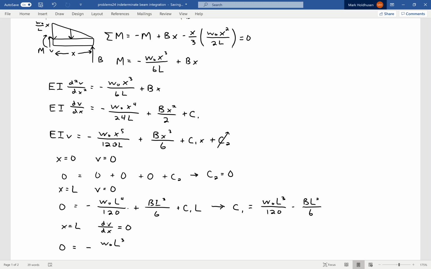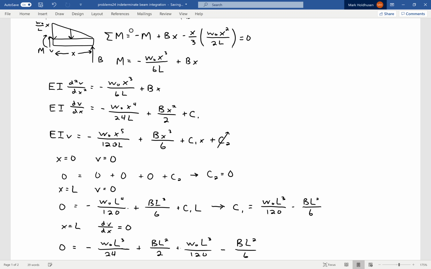L to the 4th over L goes to L cubed, divided by 24, plus BL squared over 2, and then I've got C1, which I just calculated, which will be W naught L cubed over 120 minus BL squared over 6.